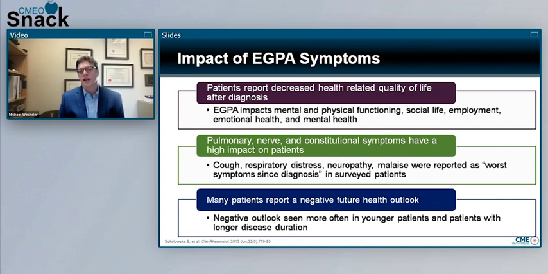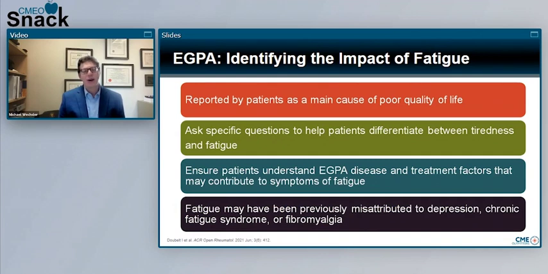Now, one of the less obvious constitutional symptoms in EGPA is fatigue, and this gets reported by many patients as one of the key reasons for poor quality of life. I think we need, as physicians, to really try to differentiate between feeling tired, which I am all the time, and being fatigued, which really causes a burden on patients' quality of life.